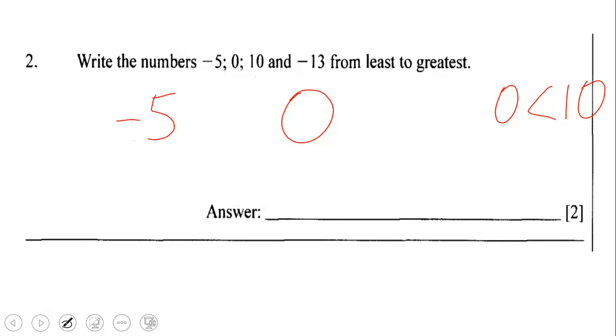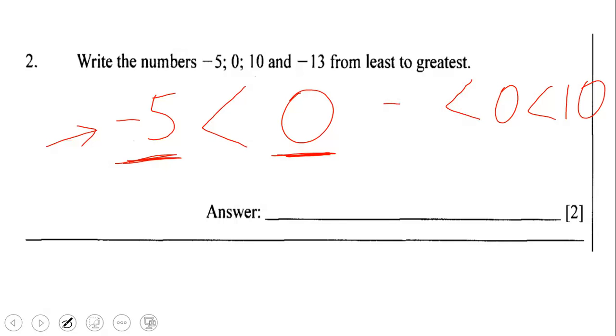Let's look at it in terms of money. Is it better to have no money or to owe someone $5? Indeed, it is better to have no money than to owe someone $5. So therefore, 0 is greater than -5.